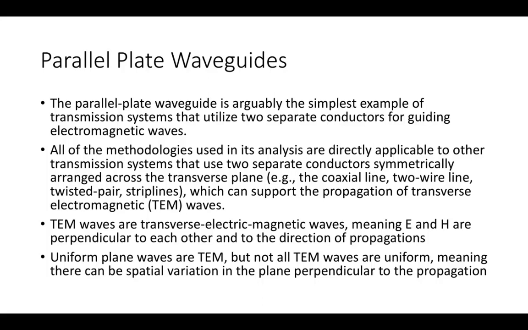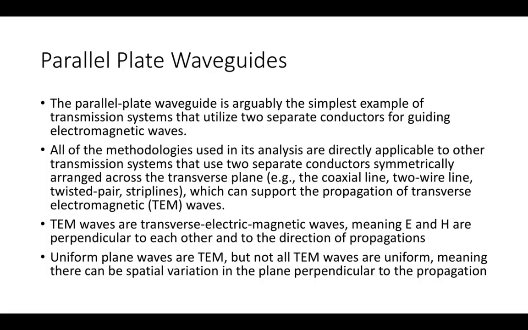All right, so what are TEM waves? TEM waves are transverse electromagnetic waves, meaning that E and H are perpendicular to each other, and they're perpendicular to the direction of propagation. Now, uniform plane waves, which is what we've been discussing in the past, are transverse electromagnetic, but not all transverse electromagnetic waves are uniform.